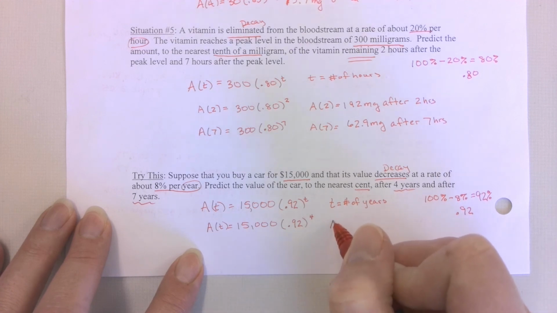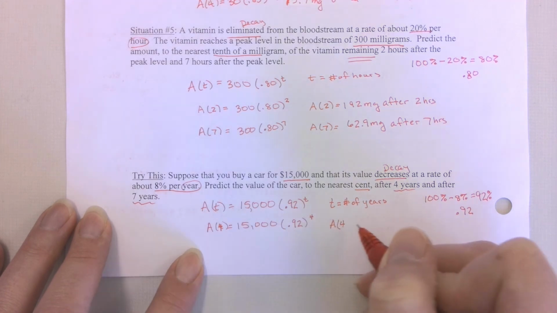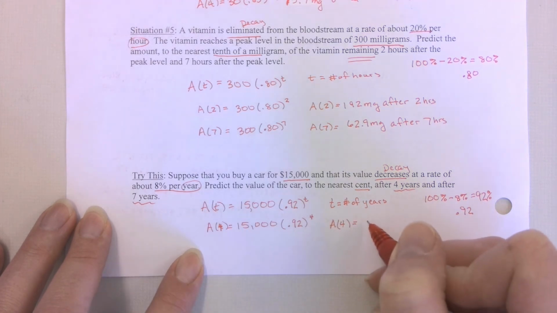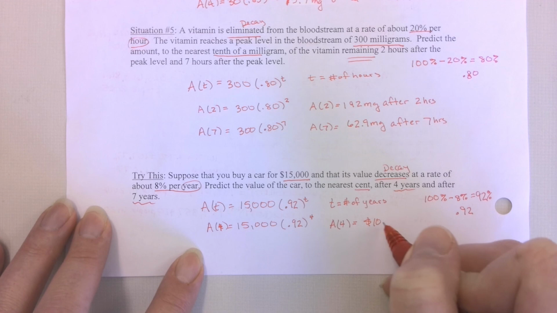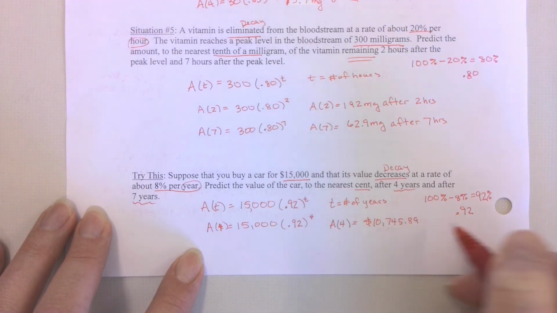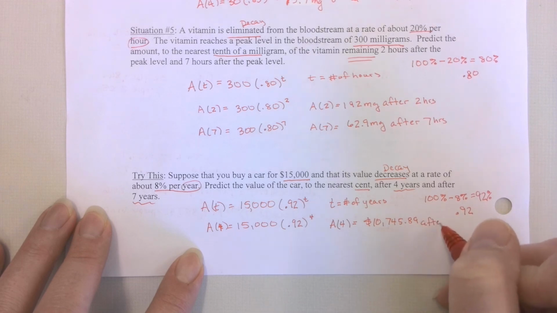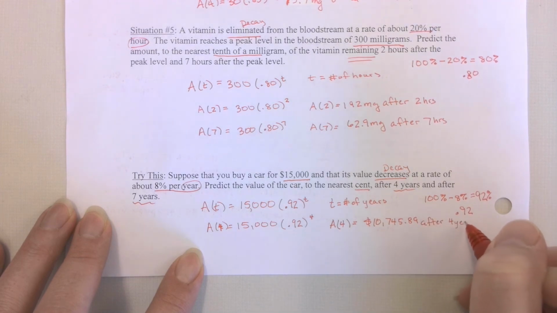All right, so the amount over 4 years, we'll make this into a 4 there. The amount over 4 years is going to be $10,745.89. That's how many dollars it is after owning the car for 4 years.